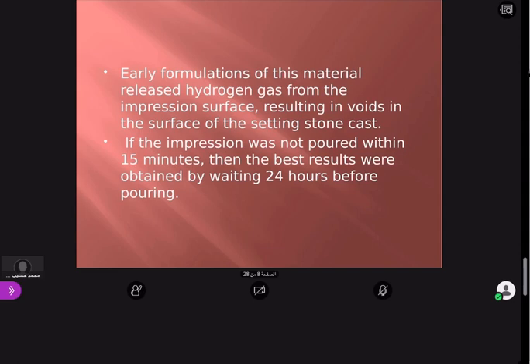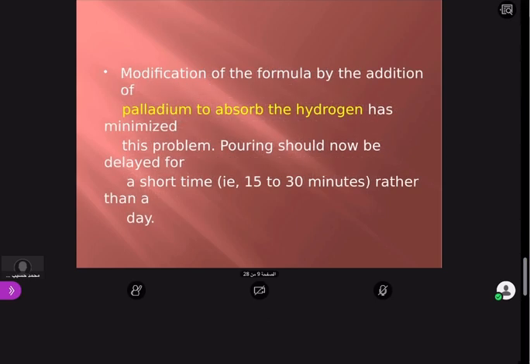This problem was present in previous formulations, but nowadays improved formulations are available and there is no problem related to pouring. The formula was modified by adding palladium to absorb hydrogen gas, so pouring should now be delayed for a short time, like 15 to 30 minutes rather than a day. In the new formulations, palladium is added to absorb the hydrogen gas.